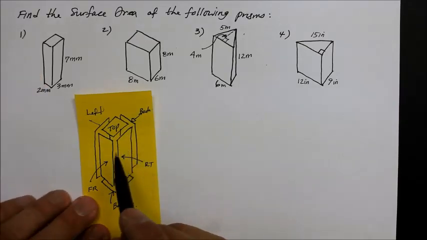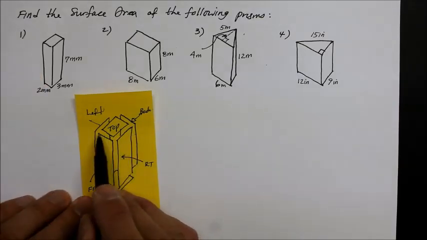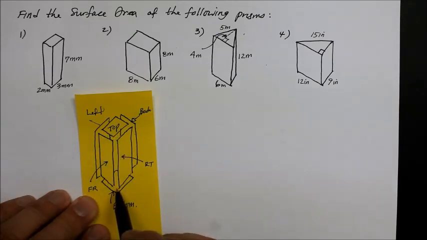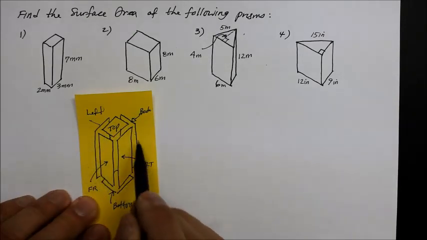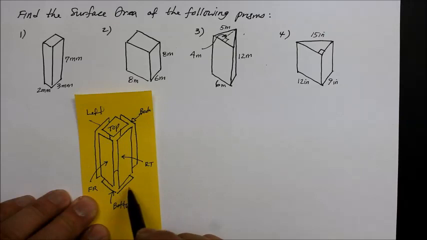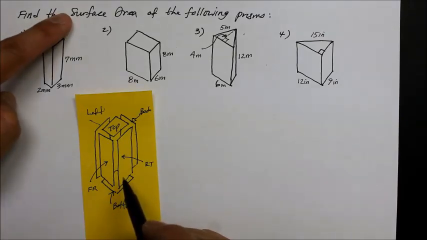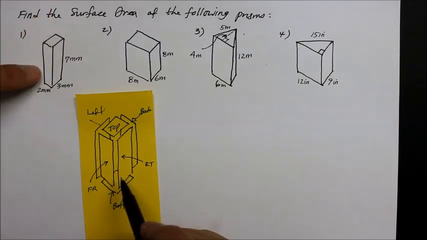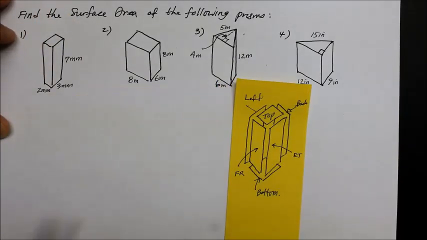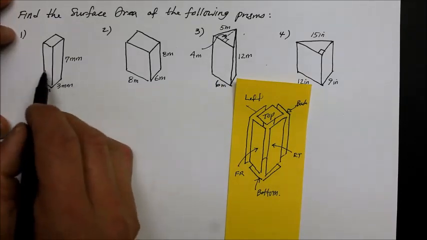So we have to find the area of each one of these panels, 6 of them, and add them all together to determine the total surface area, the total amount of plywood we'll need to build this thing. So here we go. First, the rectangle.